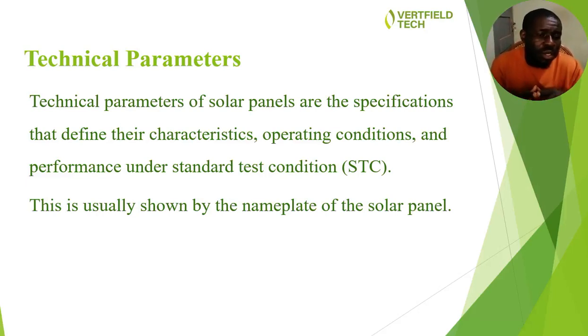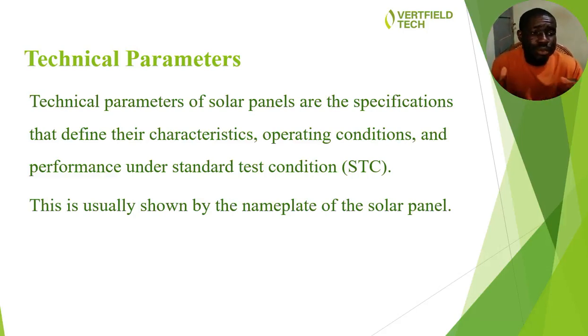Technical parameters of a solar panel or solar panels are the specifications that define their characteristics, operating conditions, and performance under standard test conditions, which simply means that your technical parameters for a solar panel define each and every one of your solar panels. It tells you the makeup characteristics, how it's going to be operating, and its performance.